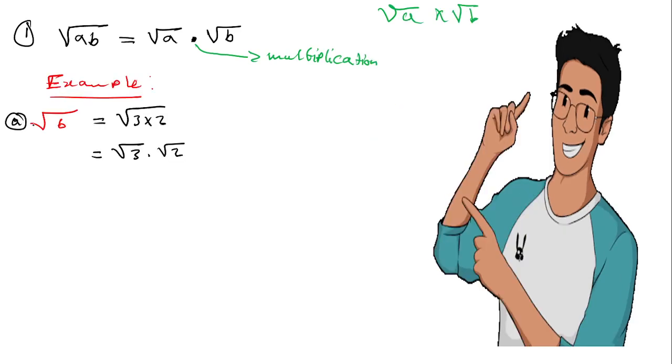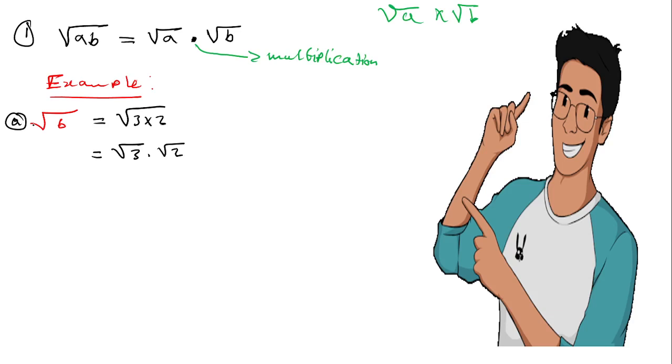Another example on this particular rule I can give is square root 32. When you look at square root 32, this can be written as square root of two numbers, which we can pick as 16 times 2. We know that 16 times 2 is the same as 32.